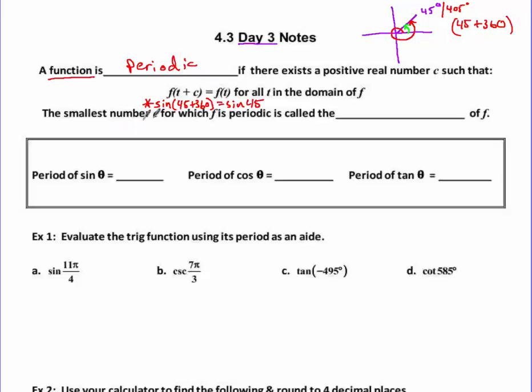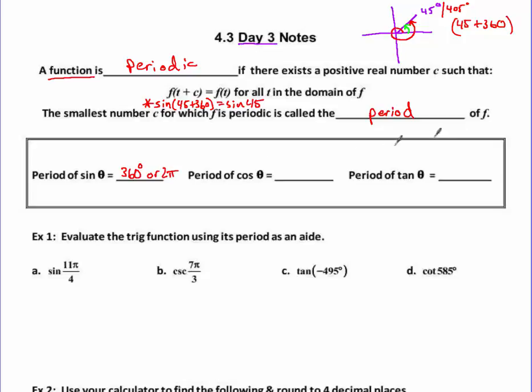The smallest number c for which the function is periodic is called the period of f. So the period of sine is 360 degrees, or 2 pi.